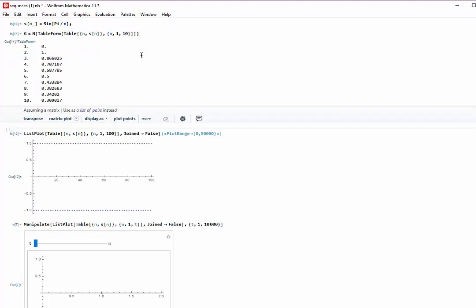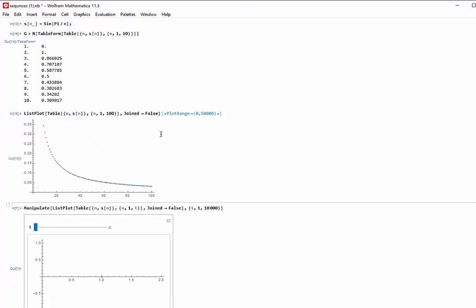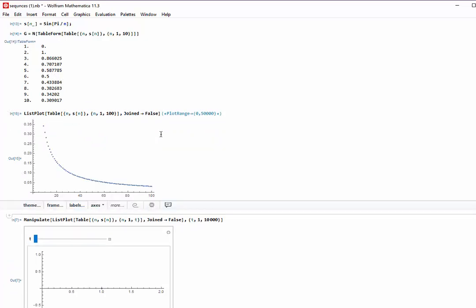If you look at the terms of the sequence, they are decreasing, right? 1, 0.8, 0.7, 0.5, 0.43, 0.38. Let's visualize this.